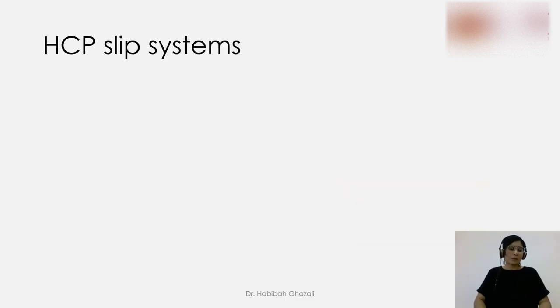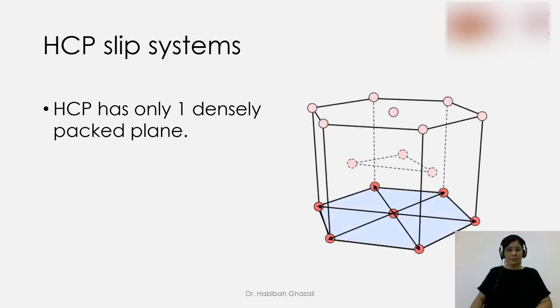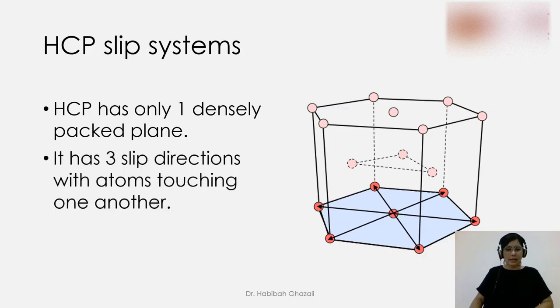And finally, we have the other crystal structure, which is the hexagonal close packed. So HCP crystal structure has only one densely packed plane, as indicated in this figure here. And there are three slip directions with atoms touching one another. So we have one direction there, the second direction, and this is the third direction.